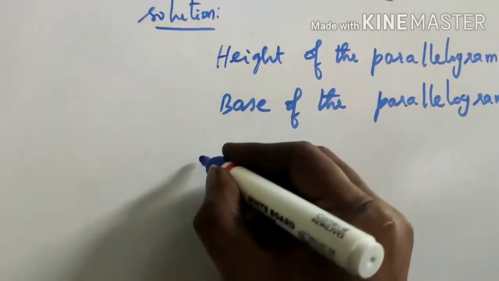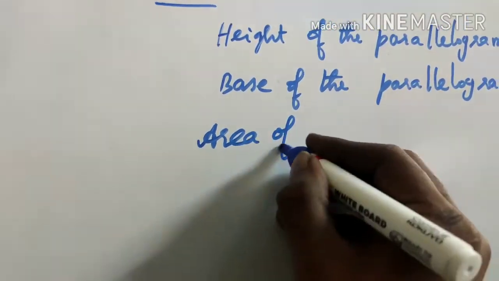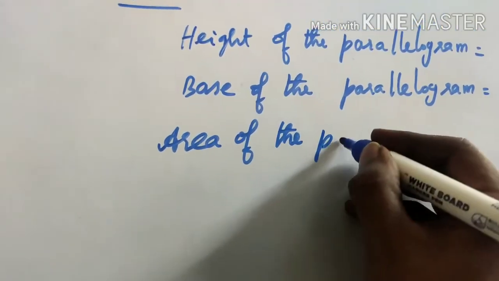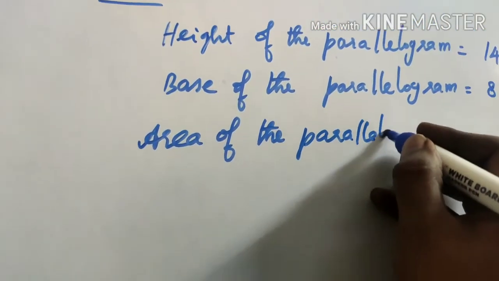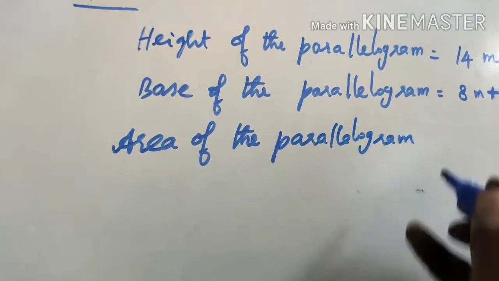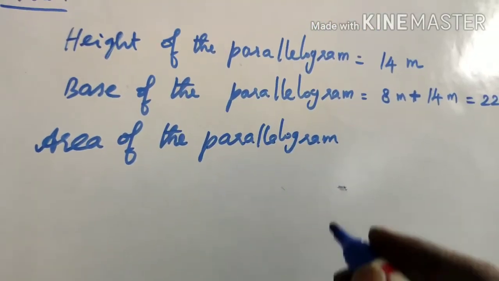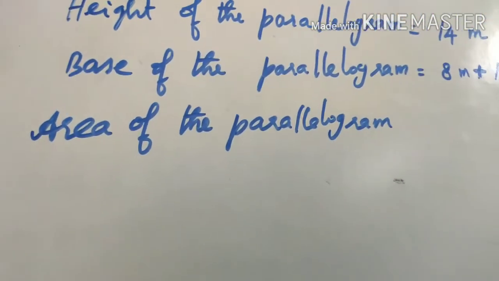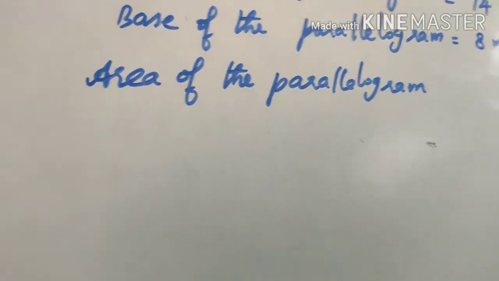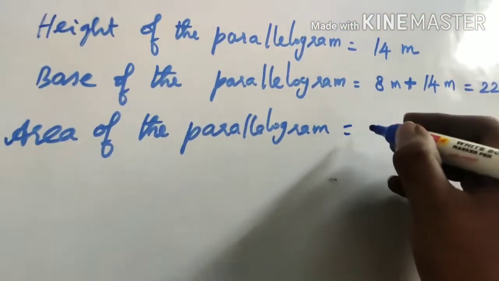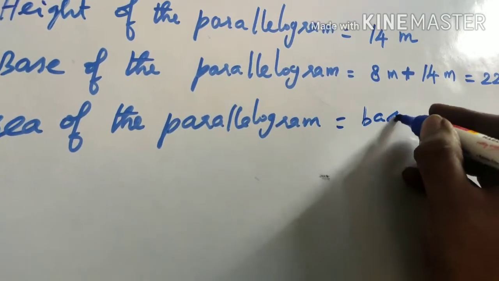Now what you do, you first find area of the parallelogram. Area of parallelogram equal to base into height.